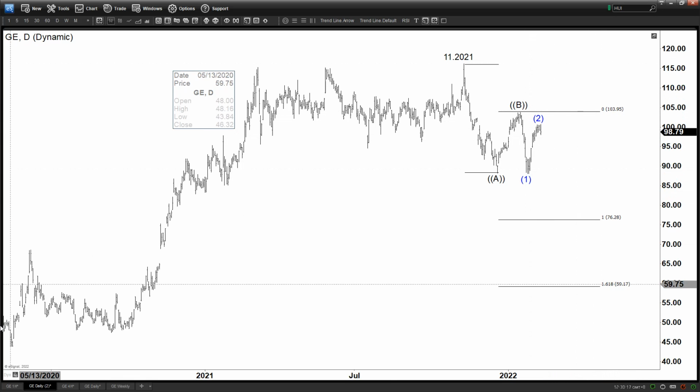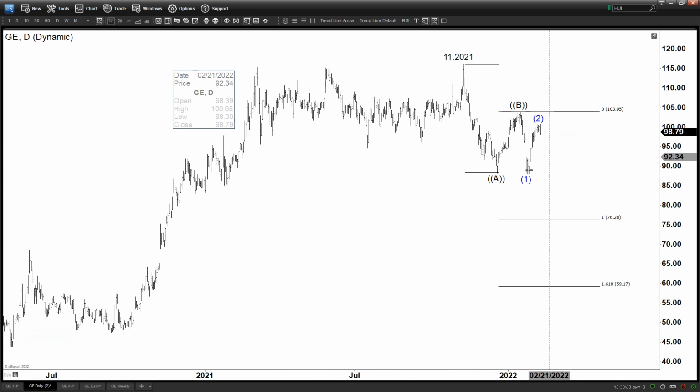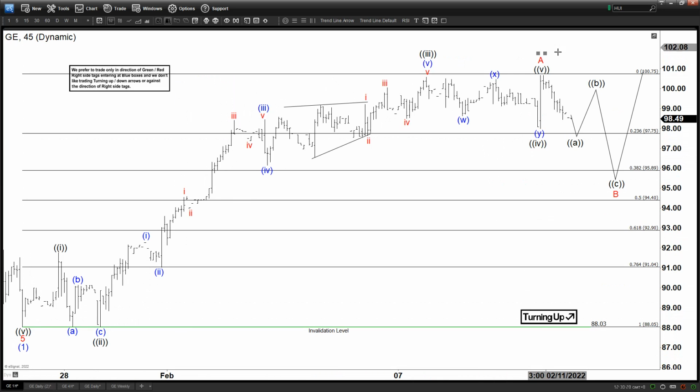So that's why this invalidation level is the key, but it's also black in color because it doesn't have a high, right? But the idea is that this is a 5 waves, and so the pullback in 3 waves can find support and extend higher again against this 88.